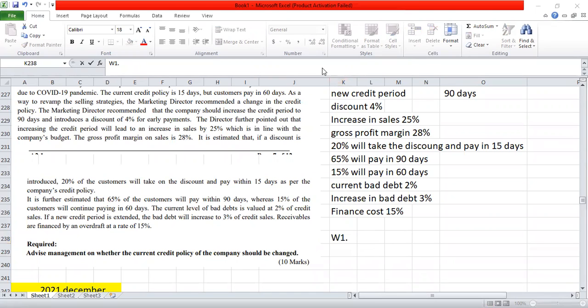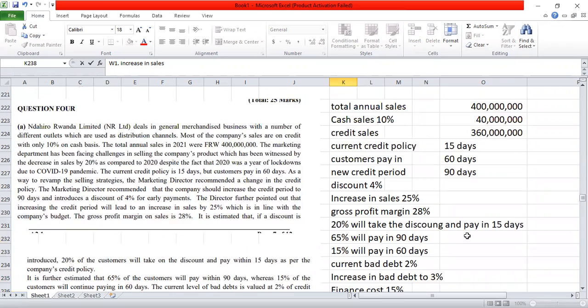They told us that our sales are going to increase by 25%.